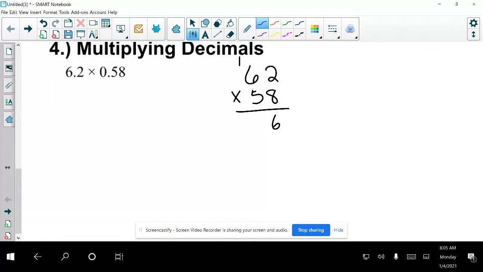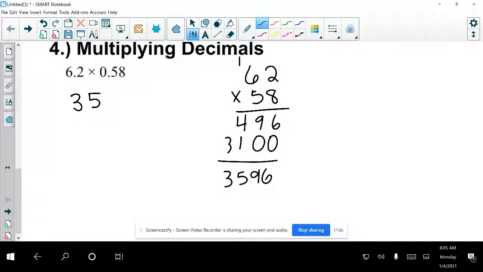So 8 times 2 is 16. 48 plus 1. I'm making sure I'm doing the right problem. Yeah, okay. And then we put a 0. 5 times 2 is 10. Add a 1, 30, 31. And so I get 3, 5, 9, 6, okay? And the reason I'm not saying 3,000 is because I'm not finished with that yet.